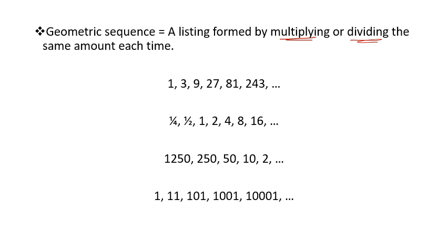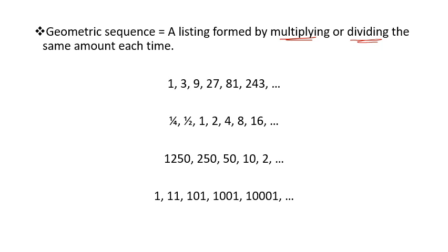So if you look back at that last example that we did in arithmetic sequences, it's not arithmetic because we're not adding the same amount or subtracting the same amount each time, but it's also not geometric because we're not multiplying or dividing the same amount each time. So don't fall into the trap of thinking that every sequence has to be arithmetic or geometric. A lot of the sequences you're going to see are going to be neither, and that's okay. A sequence can just be a sequence that's not arithmetic or geometric.